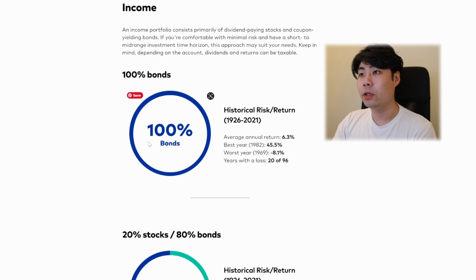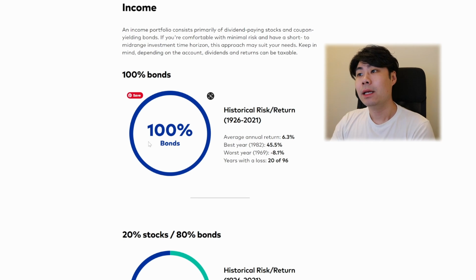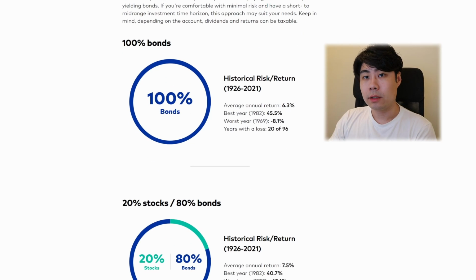These portfolios are looking for low risk, and maybe a short to medium term outlook. Because they are very low risk, the investor can take out their money almost at any time compared to if they have more in stocks.